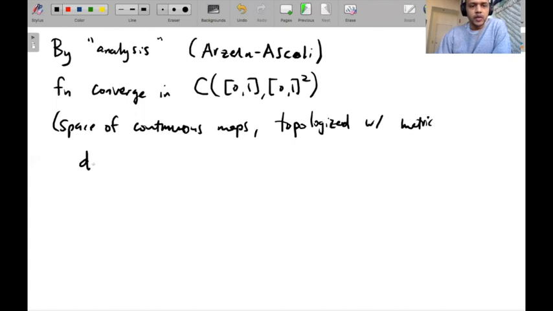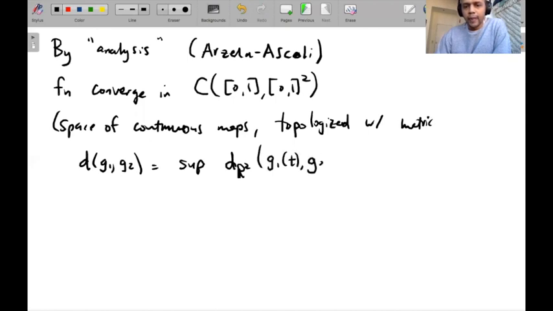So the distance between two continuous maps is the sup of the distance in R2 of the image of a pair of. So these are two paths. So we just look at how far the two points on the two paths are at any given time, and you take the sup over all times.